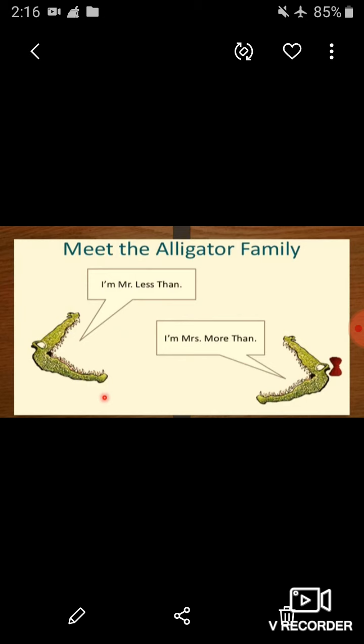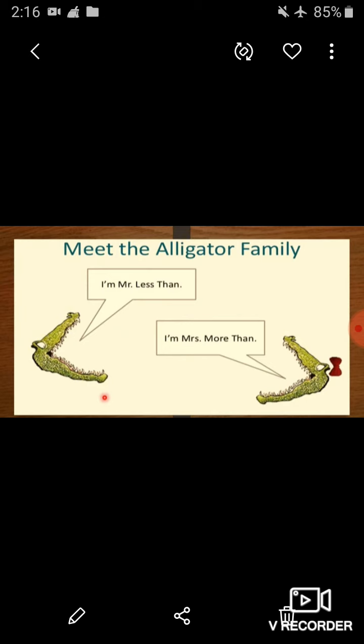Now students, here Mr. Less than and Mr. More than are both members of the alligator family.